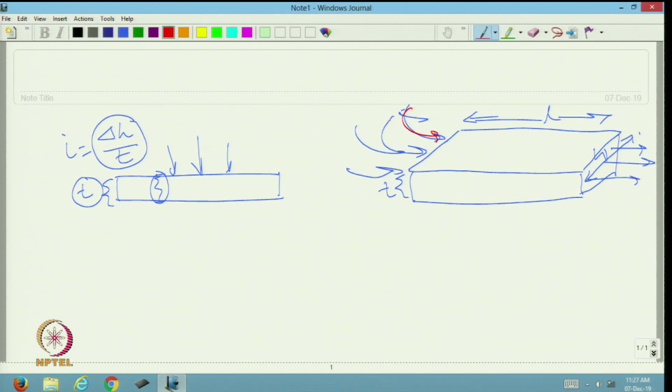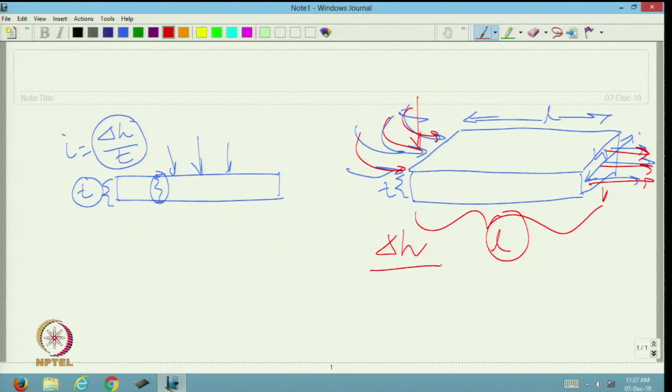This is the water inlet, and it is allowed to flow along the plane. So, it travels this length L, that is why the gradient required is the pressure difference from this point to this point, delta H, over the travelled length L.